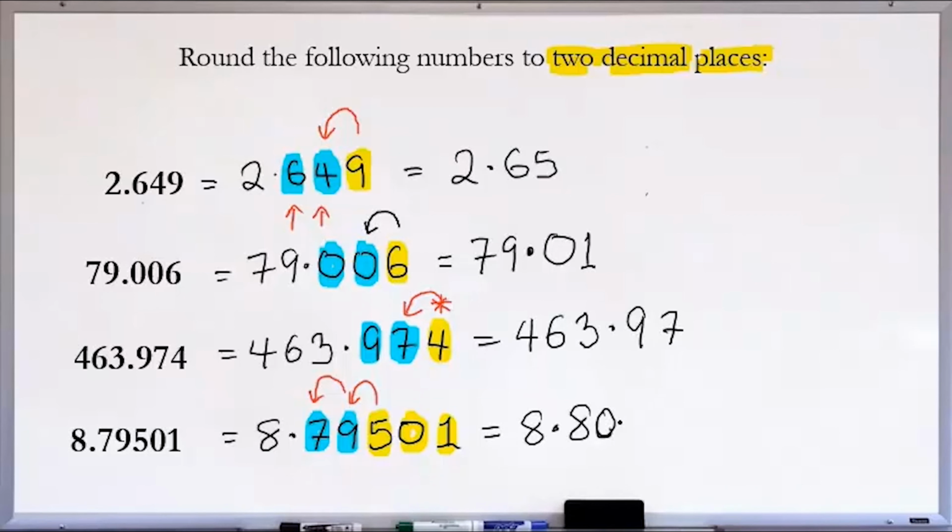If we say that 0 doesn't have much value, and we leave it out, that means there's going to be an issue here. It says 2 decimal places. That means we must have exactly 2 numbers after the decimal point. That means we have to go back and add our 0 to keep to the rules. It says 2, and now we're ending up with 2 numbers after the decimal point. So the answer is 8.80. Beautiful.